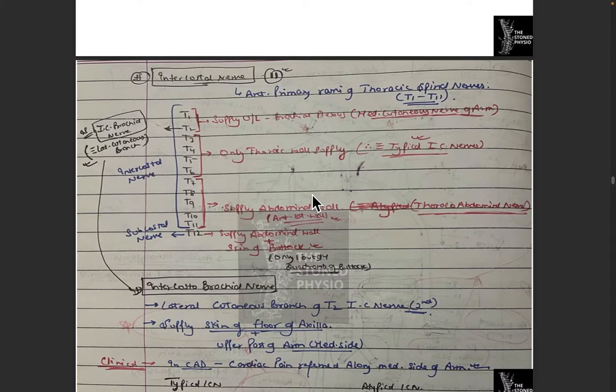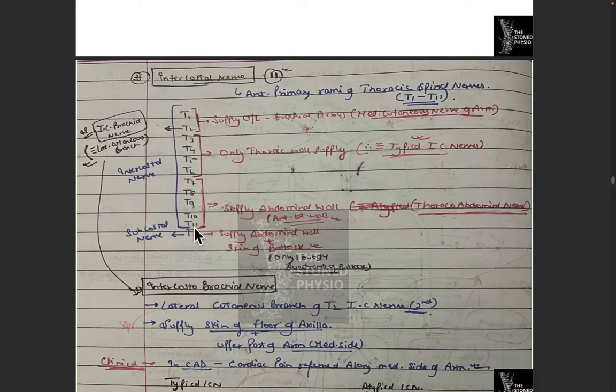So that is the reason why we call them thoraco-abdominal nerves. T7 to T11, we call these thoraco-abdominal nerves. They supply the thoracic region, and along with that they supply the anterolateral wall of the abdomen as well. That is the reason why we call T7 to T11 the atypical type of intercostal nerves.